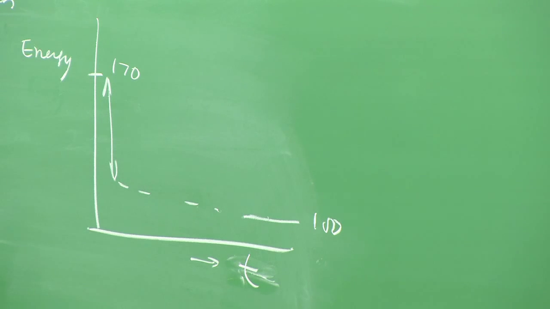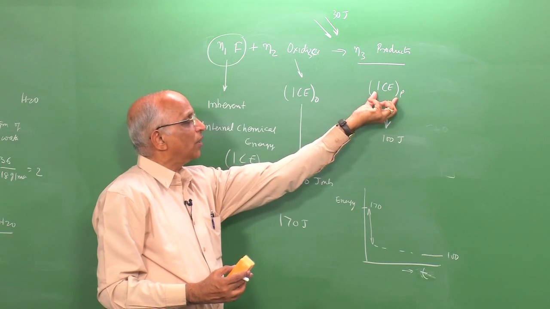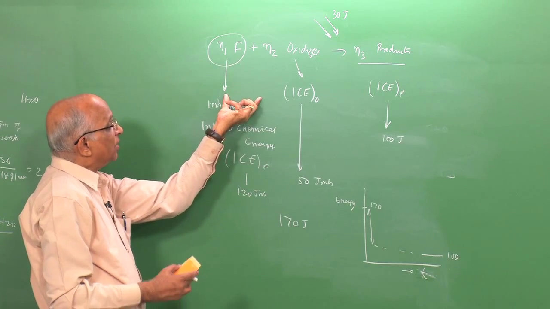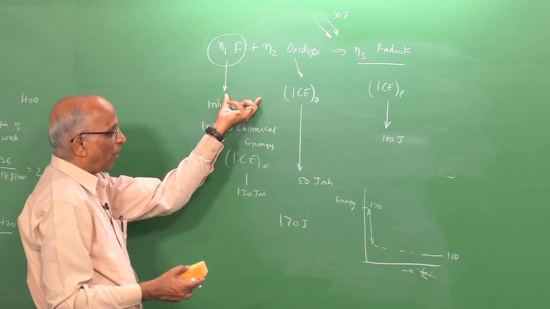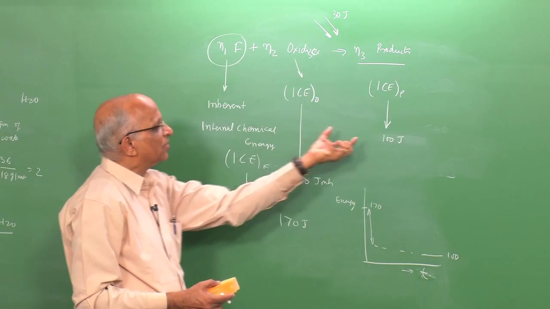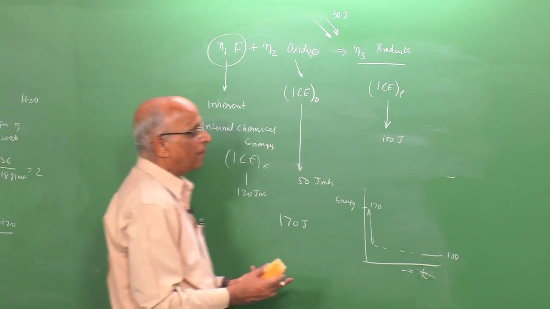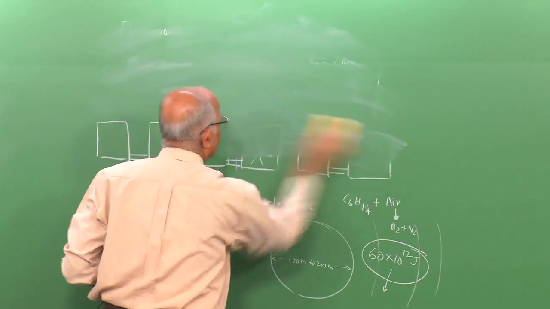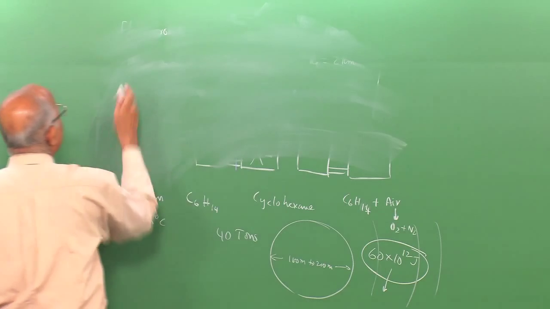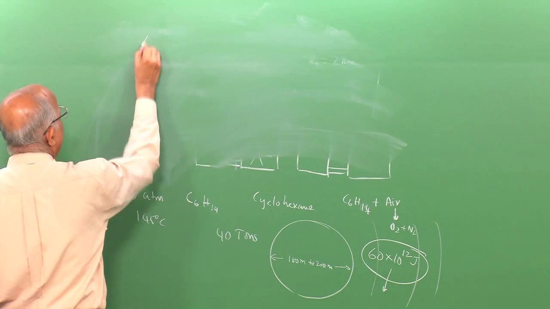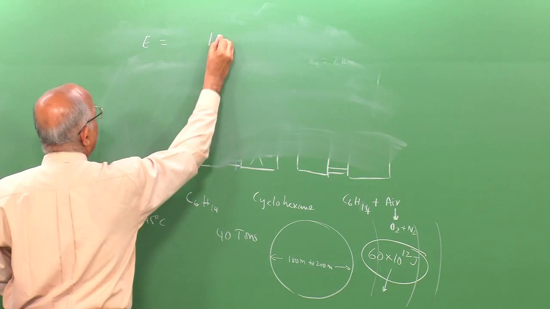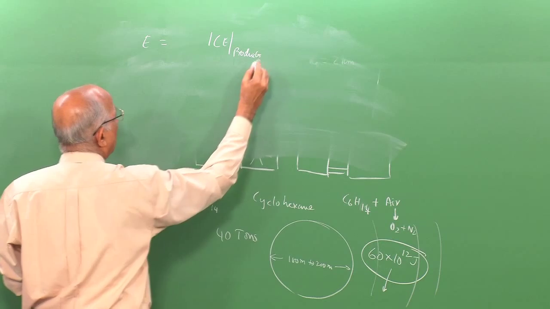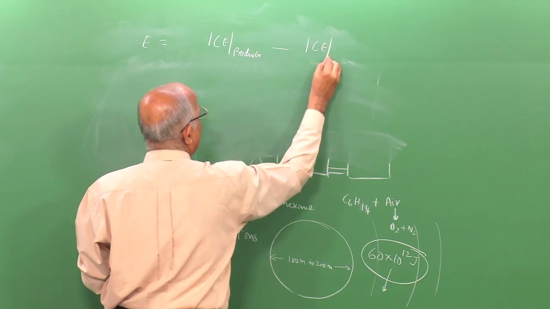Therefore, we find that when the internal chemical energy of the total products is less than the internal chemical energy of the reactants, some energy is released. So I can write the energy release in any chemical reaction, E naught or E, as the internal chemical energy of all the products put together for all the moles formed, minus the internal chemical energy of the reactants.